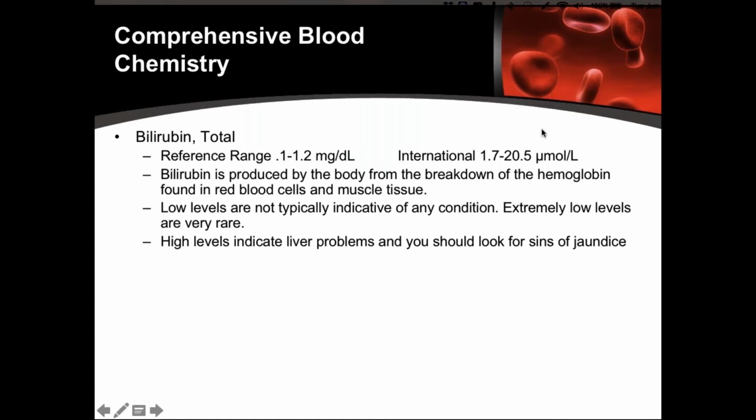Okay, bilirubin numbers can give you a sense of what's going on there, just like the creatinine-BUN ratio can give you a sense of where the problem is with the kidney. So not only liver, but as I said, red blood cells. Bilirubin gives you an idea of how much red blood cells are being broken down inside the plasma.